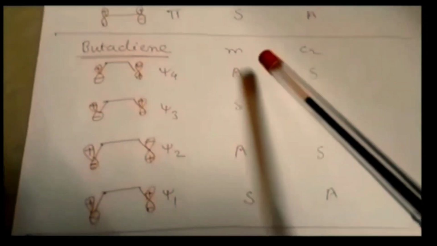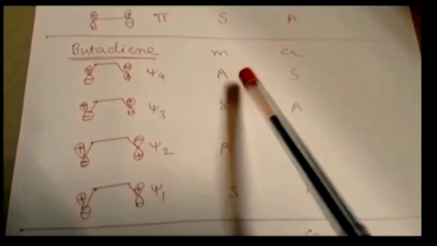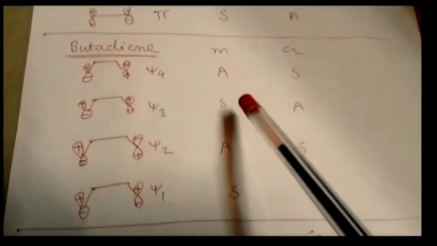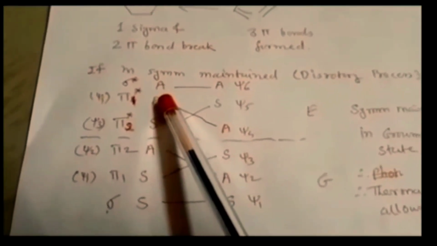Now psi1, psi2, psi3, psi4 with respect to mirror plane symmetry: psi1 is symmetric, psi2 is asymmetric, psi3 is symmetric, and psi4 is asymmetric. That means symmetric, asymmetric, symmetric, asymmetric.